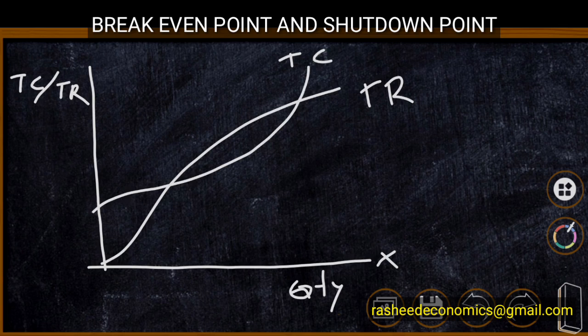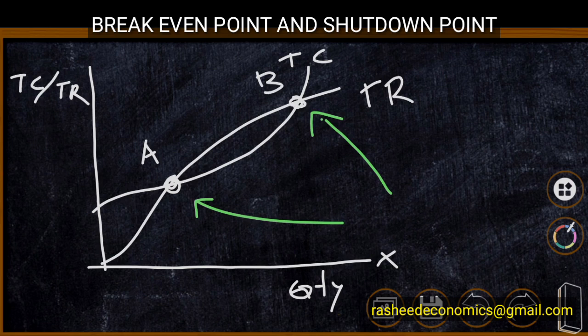There are two intersecting points, points A and B. At these two points, total revenue is equal to total cost, and therefore these two points are the points of break even. That means there are two break even points in a normal course.